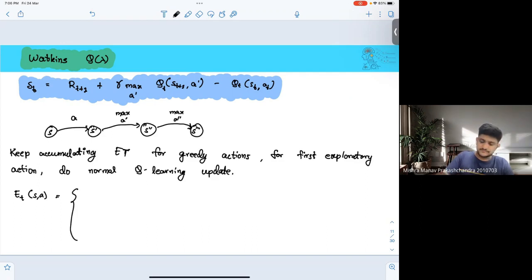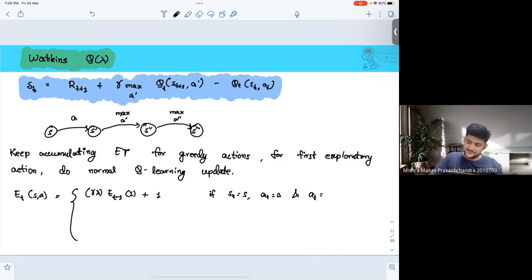This is gamma lambda E_{t-1}(s, a), plus 1. This is the accumulating trace, if S_t is s, A_t is a, and A_t is also the argmax of Q(S_{t+1}, a).